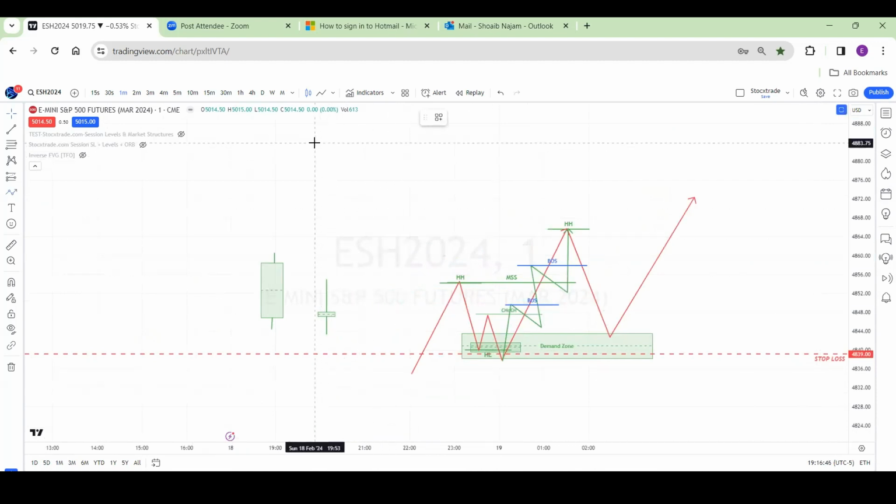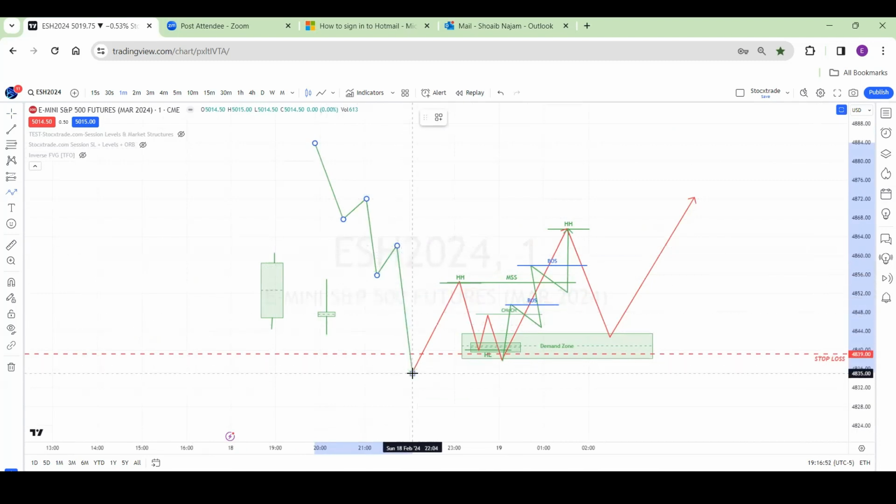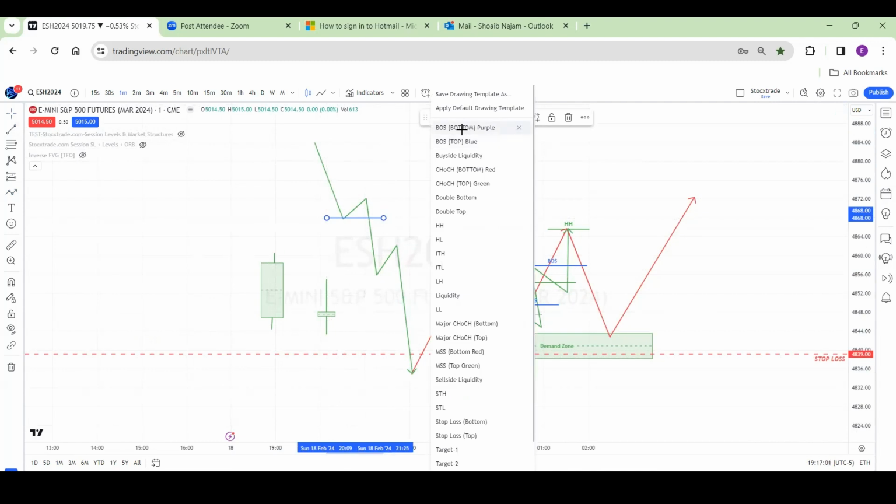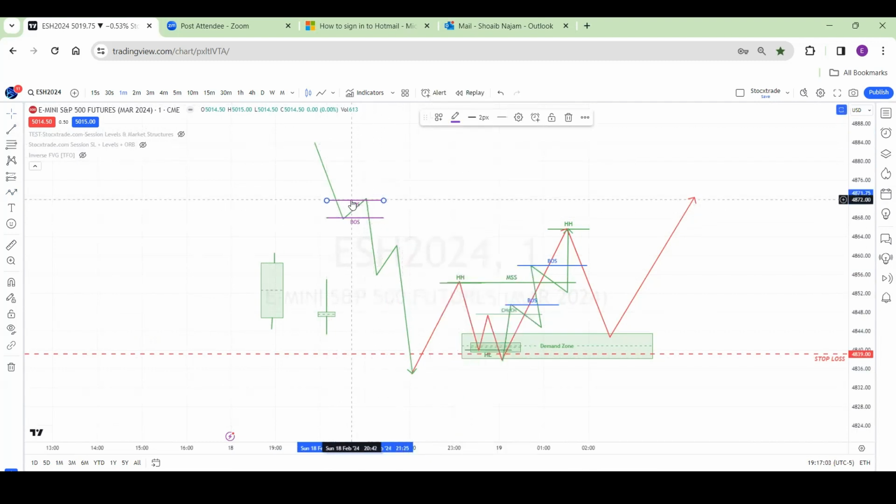Suppose in a market, if it is coming down, creating a lower low, lower high, then lower low, lower high. In the same way, this is your break of structure in a bearish direction.